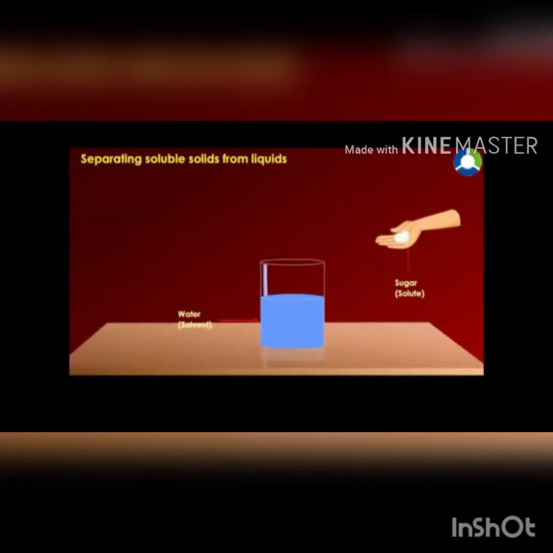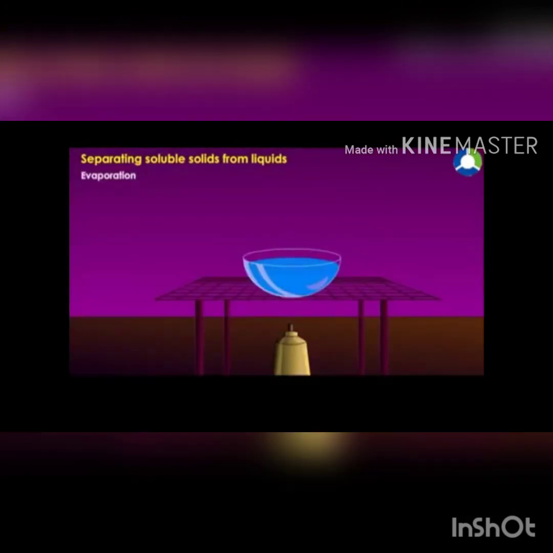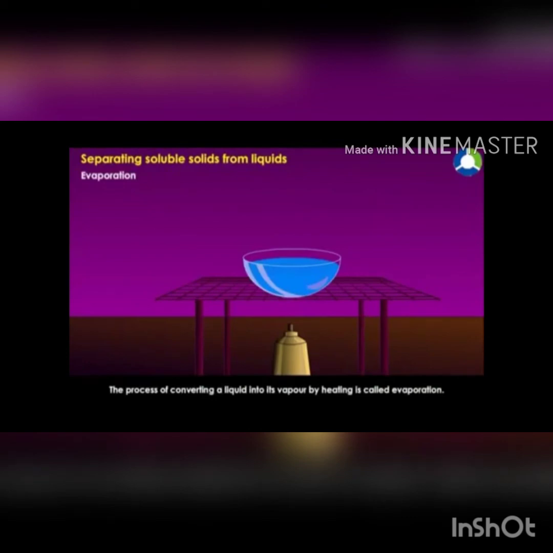Separating soluble solids from liquids. When a solute dissolves in a solvent, the mixture is called a solution. The methods used to get solute back from the solution are the following. Evaporation. The process of converting a liquid into its vapor by heating is called evaporation.